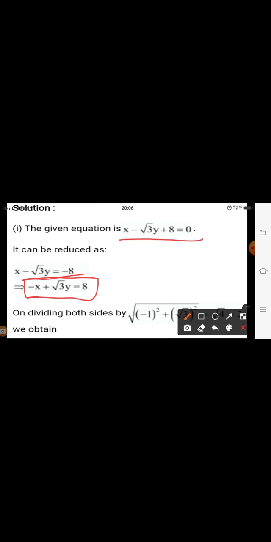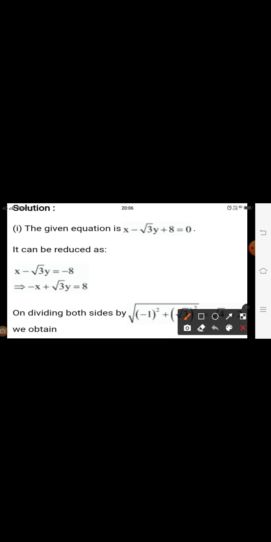Now we divide both sides by under root a square plus b square. Here, a is the coefficient of x and b is the coefficient of y.